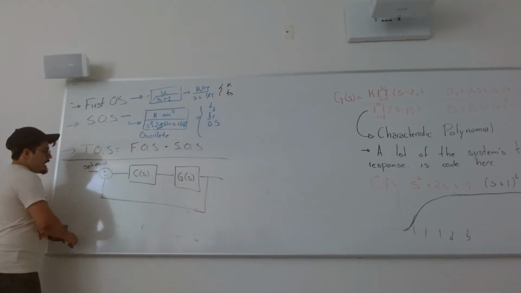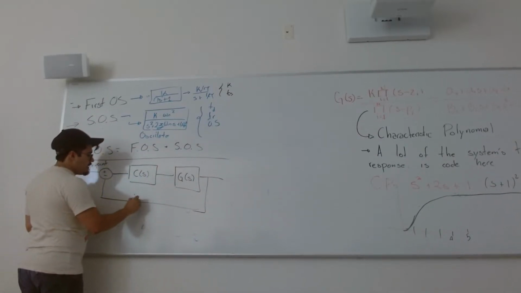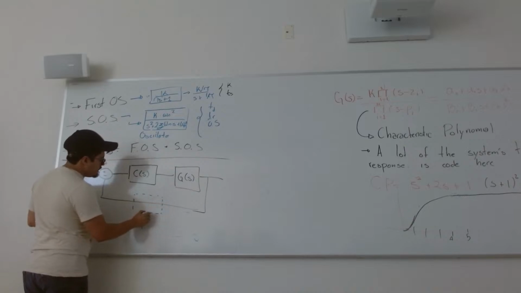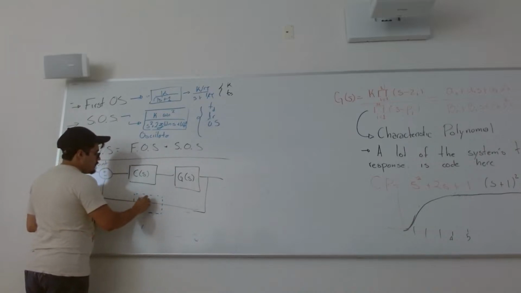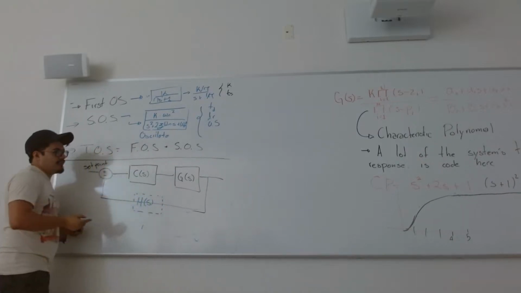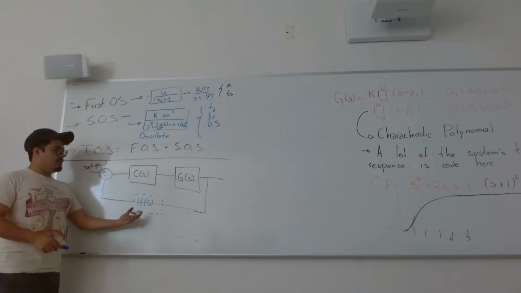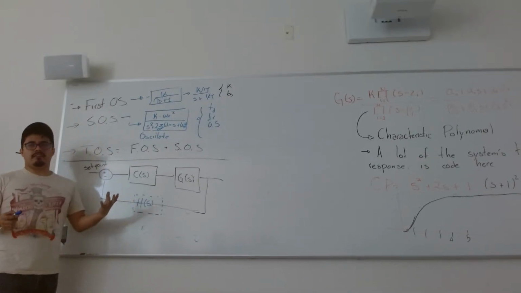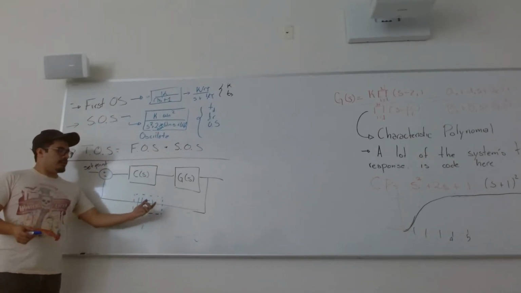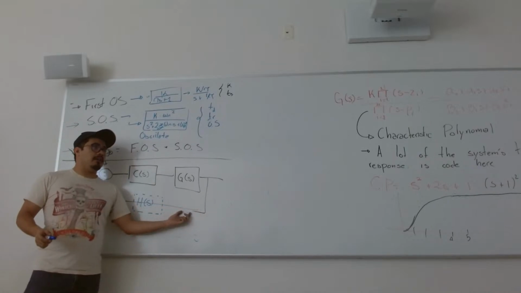Now here I will have the dynamics of my sensor, right? But we are in a kind of a new scenario that this is complex enough to be adding anything but unit feedback.